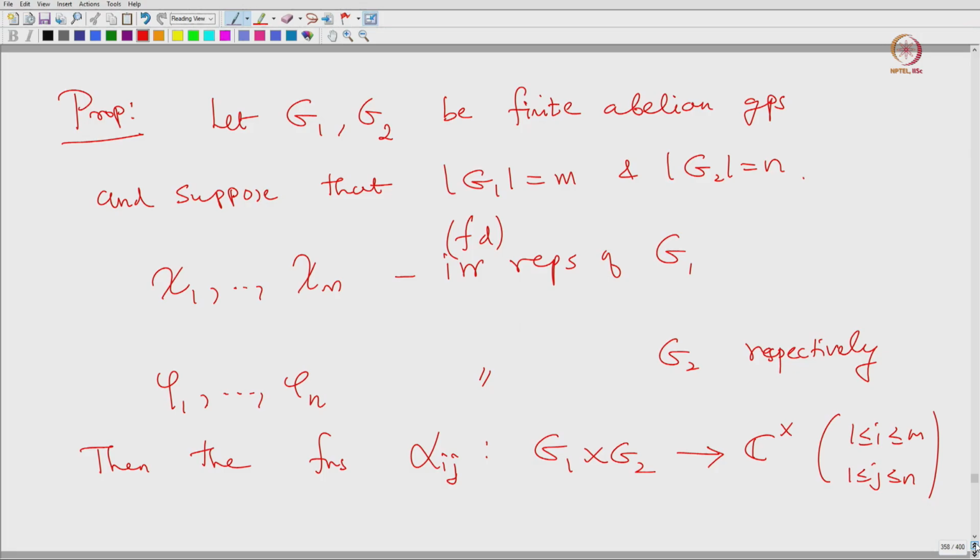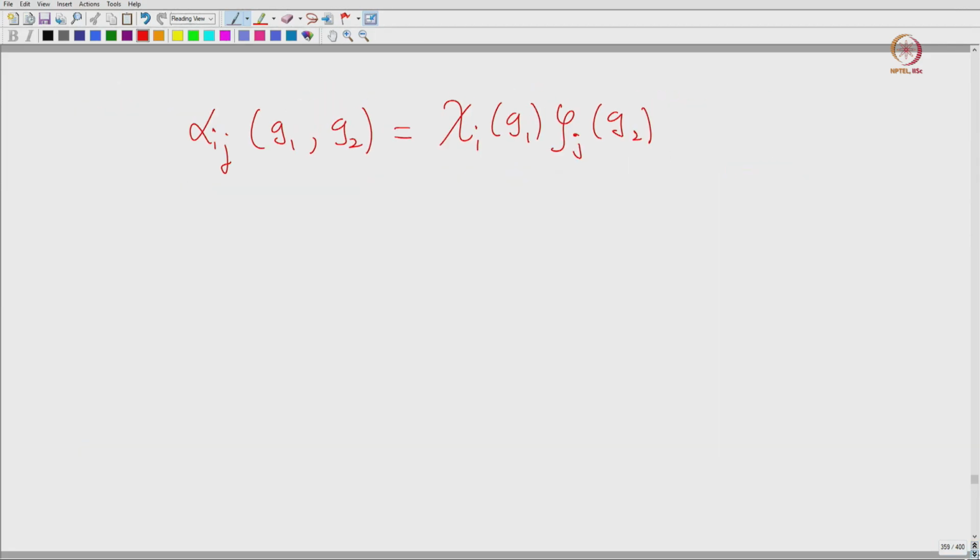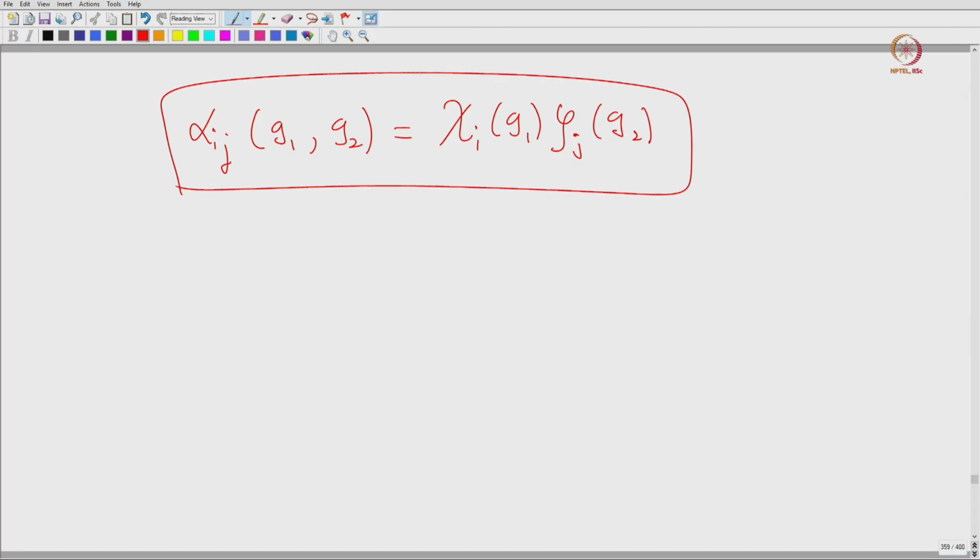We have not introduced the terminology tensor product, but if we think in terms of the tensor product, this alpha ij is nothing but the tensor product of chi i and phi j. Here it is not very difficult to see what the representation is, so we can directly write it down as a homomorphism from the group to C cross.